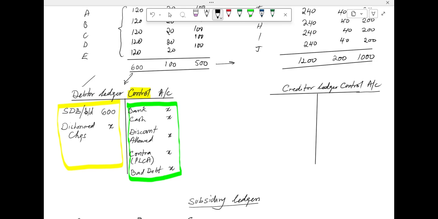And I will be recording this £1,200 on this side, and this figure is coming from the purchase day book. I do not have to open the VAT account and the purchases account because I'm focusing only on the control accounts.